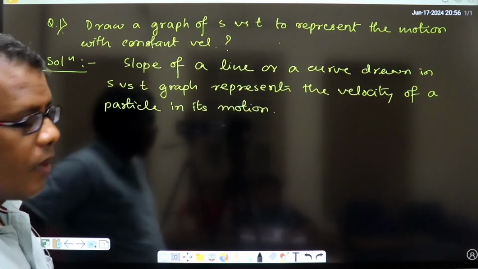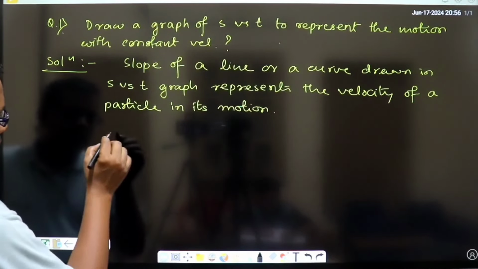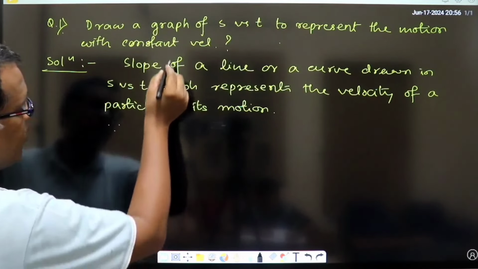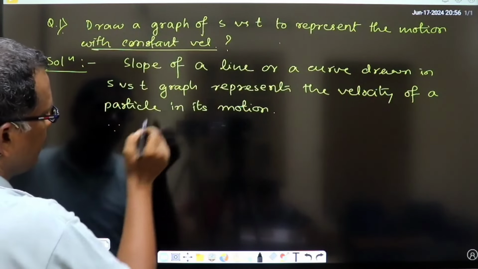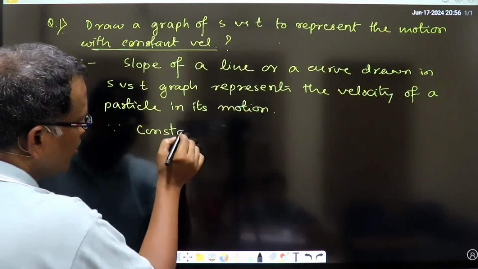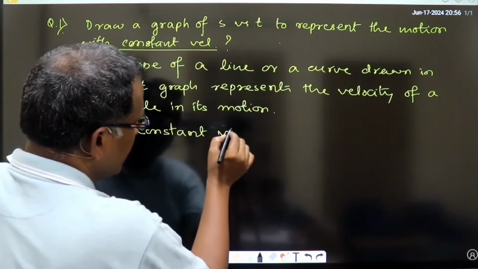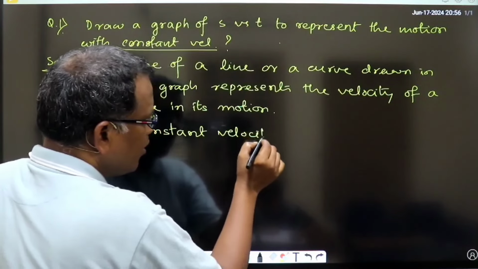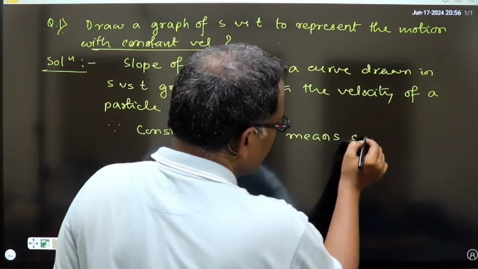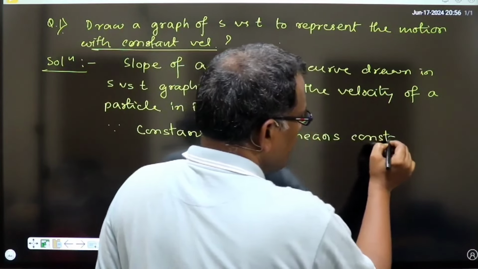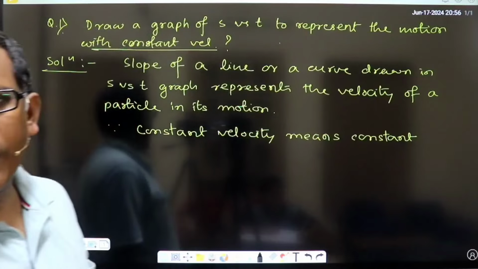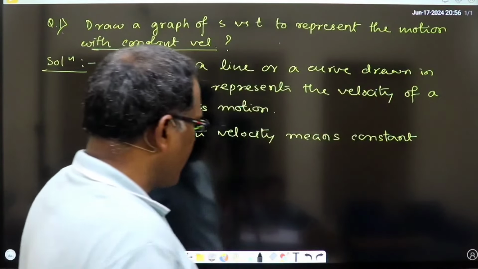Is that clear? Since I have asked about the motion with constant velocity, constant velocity means constant slope, because slope will only decide the velocity. Velocity needs to be shown as constant in value.